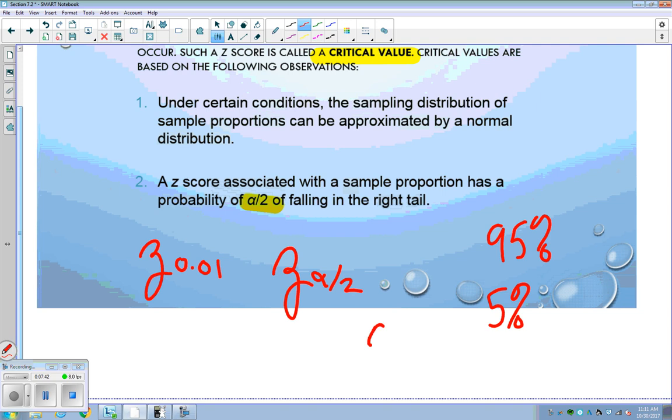So it would be z at 5 divided by 2. I'd want to find the z when that area is to the right of z. It's a really bad looking z. It looks like a big fat 3. There we go. Okay?